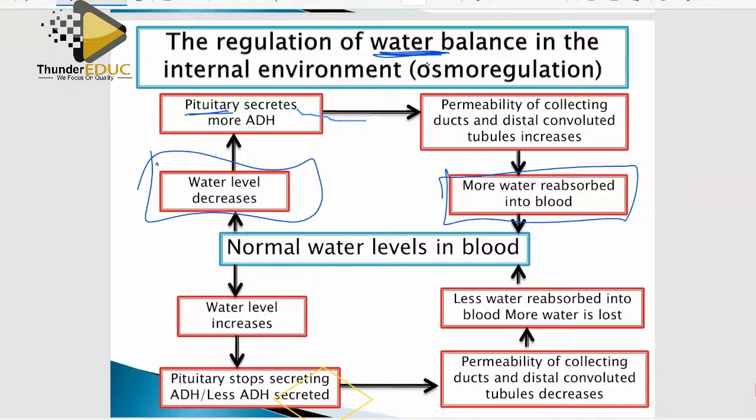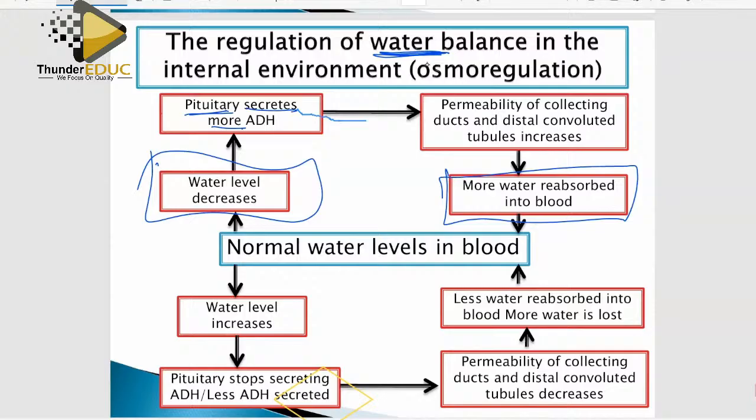So the pituitary gland will secrete more ADH because we want to reabsorb more water. The collecting duct of the nephron will make sure that more water is reabsorbed back to the blood. You understand? And then less is going to be lost.